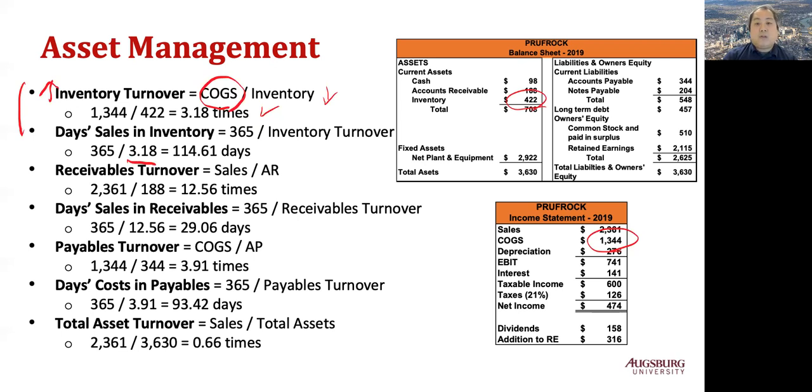Because inventory turnover is 3.18, days sales in inventory equals 365 divided by 3.18, 114.61 days. It means that on average, this company takes 114.61 days to sell inventory from purchasing inventory.